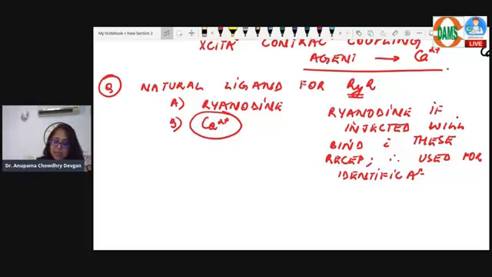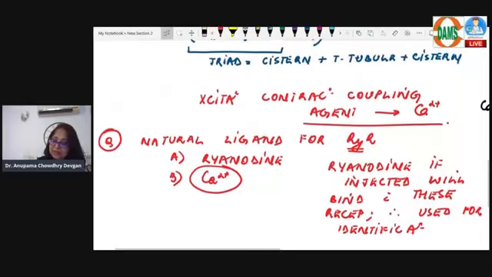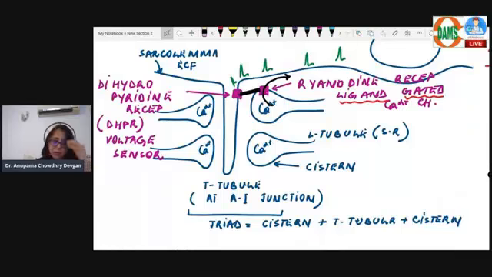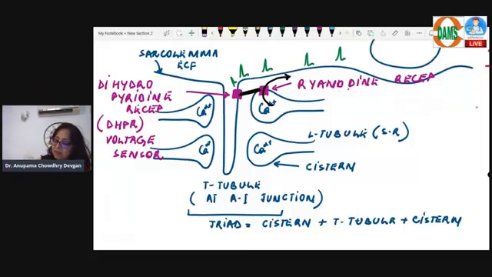Okay. Now, the next important point. We said that the physical interaction between the dihydropyridine receptor and the ryanodine receptor causes release of calcium. Remember, these ryanodine receptors are ligand-gated calcium channels.